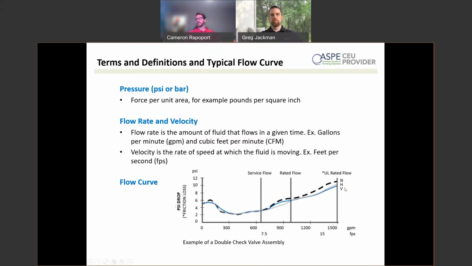So this is probably a double check. Usually it's the same for N or Z, even though you might have a little bit of gravity head differential. It's not enough to really make a difference.